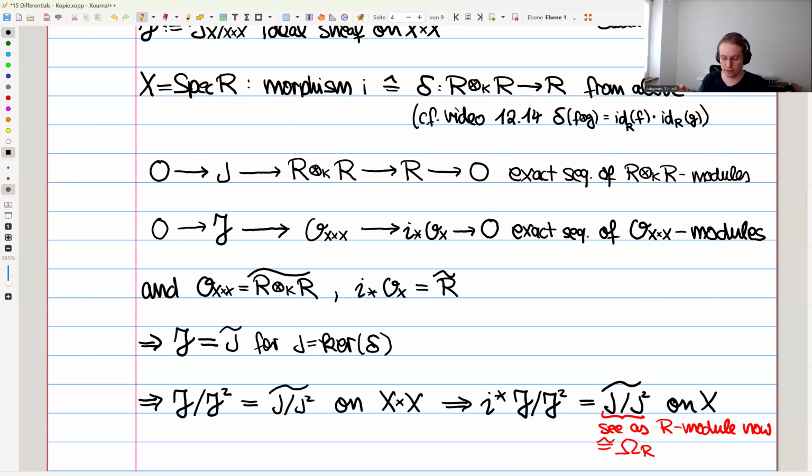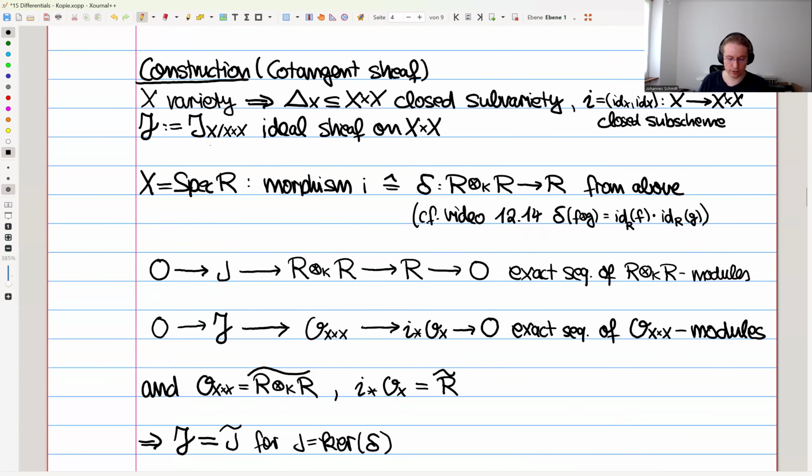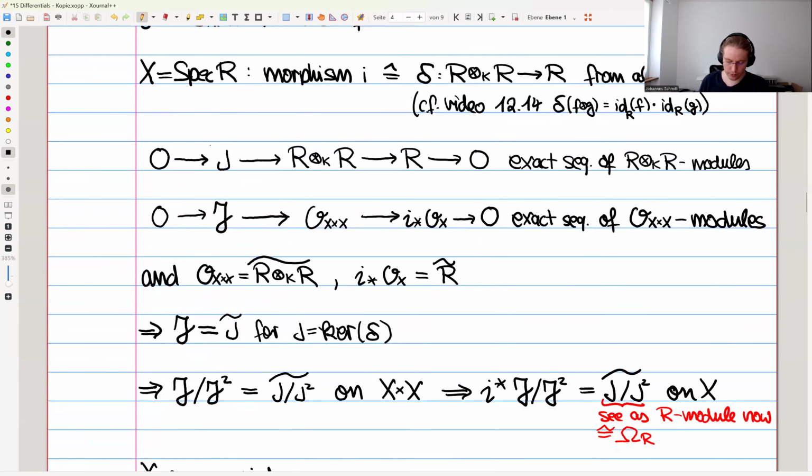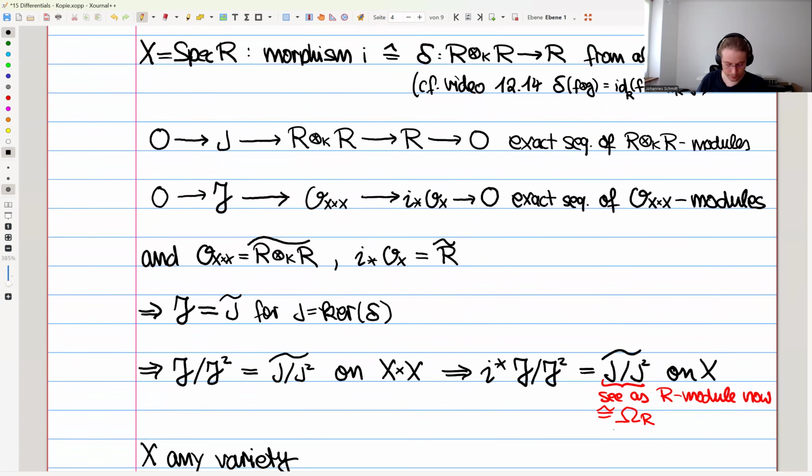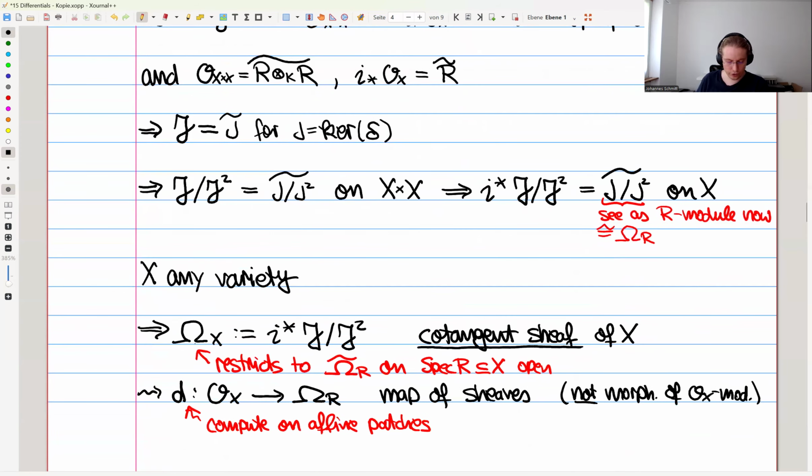And this is where we make the final connection, namely J modulo J squared as an R module is isomorphic to omega R. Okay, so this was a long trip, but somehow what this shows is that this J modulo J squared, which makes sense on all of X cross X, if you pull this back under the diagonal, you get back this omega R on each spec of R inside X. And so when X is any variety, you just define omega X, the cotangent sheaf of X, as: take this J modulo J squared and pull it back.